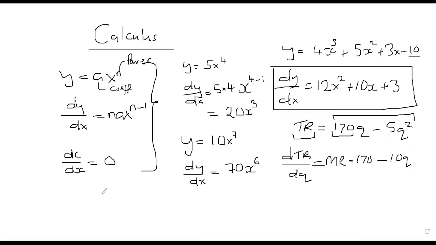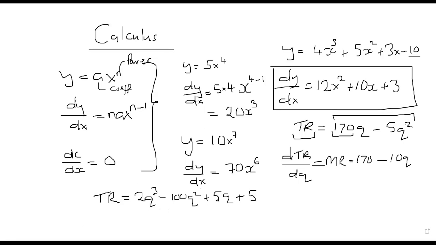So let's try. Who wants to try to differentiate this one for us? TR equals 2q to the power 3 minus 100q squared plus 5q plus 5. Anyone to try to differentiate this for us? This will be the what?